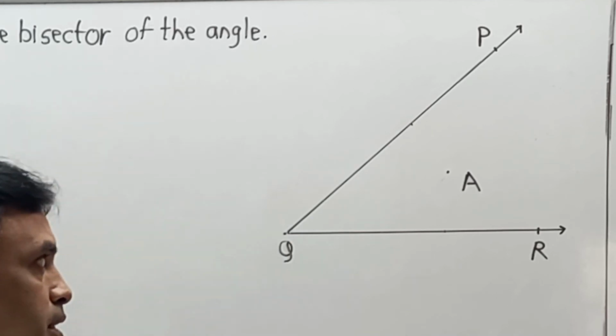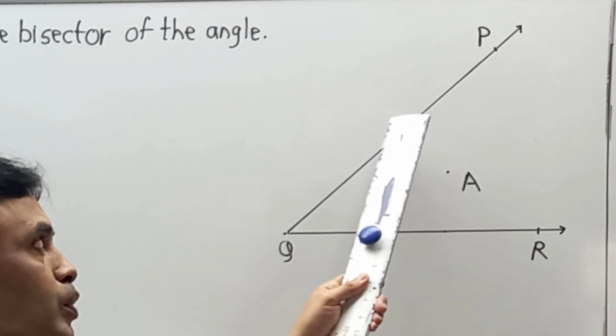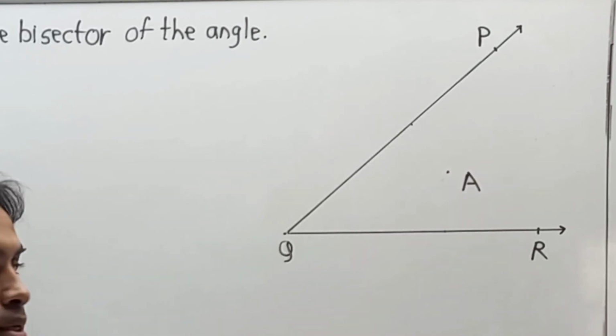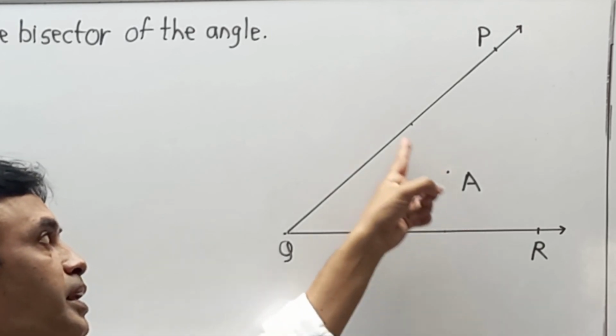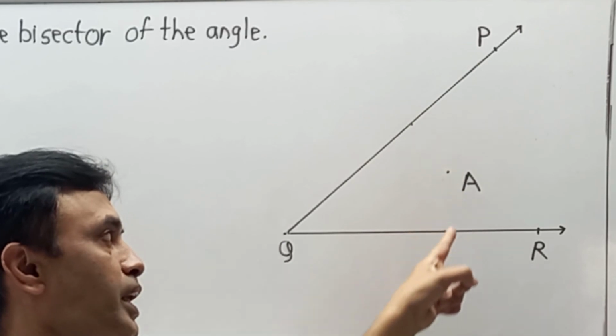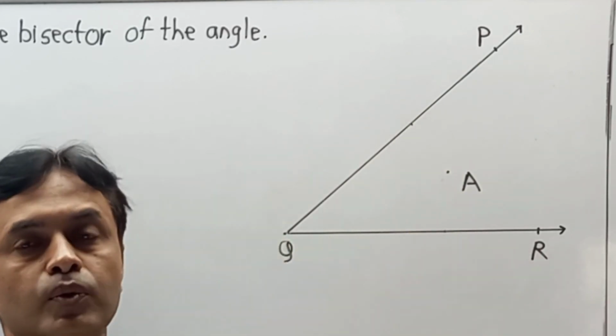And the part is, from point A I am going to draw two perpendiculars over here. What is exactly that part? Means I have to indicate that point A is equidistant from ray QP and point A is equidistant from ray QR.